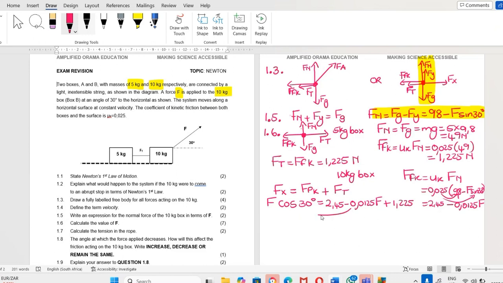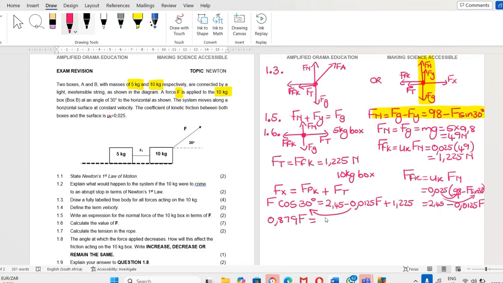If we make F the subject of the formula on the left-hand side, we would have the cosine 30 plus 0.0125. That gives us 0.879 F. And that is equal to 2.45 plus 1.225.